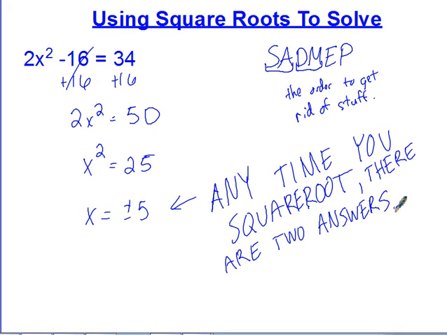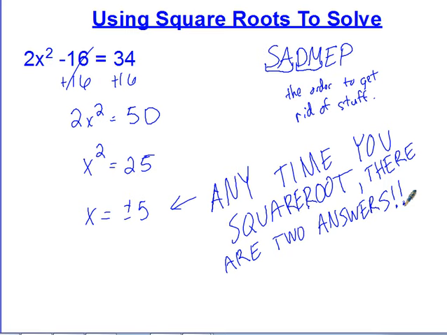Anytime you square root, there are always two answers, except in the Pythagorean theorem. Why only there? Because you can't have negative distance. So it's not that there's not an answer, it's not that there's not a negative. I just tend to ignore it, right? But anytime you square root, there are always two answers, a positive and a negative.